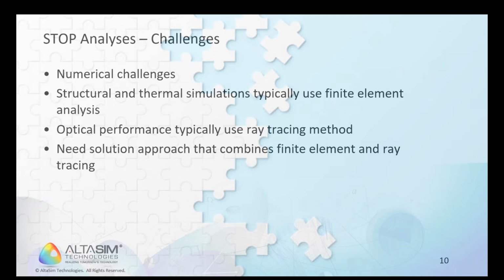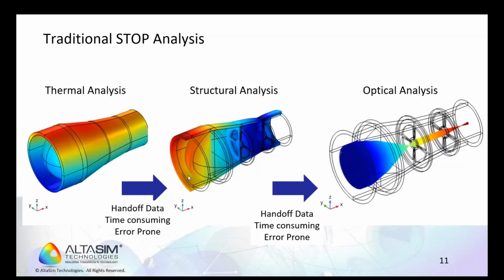Now, optical performance typically uses ray tracing methods. So to conduct a STOP analysis, you're going to need to combine those two different numerical methods. Traditionally, these methods were combined by using different pieces of software. And so the thermal analysis would be done in one software, and you collect the temperature data and pass it off to the structural analysis.